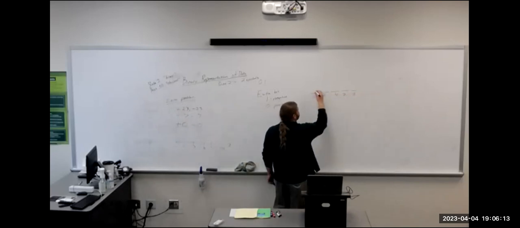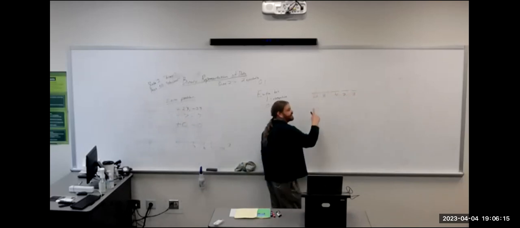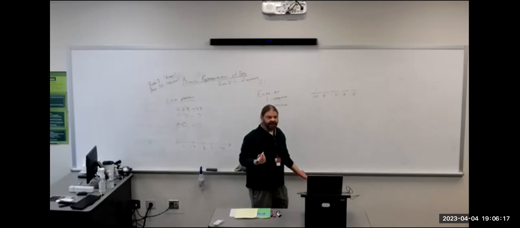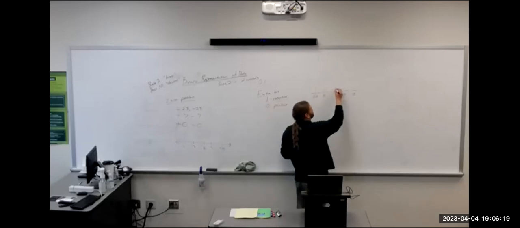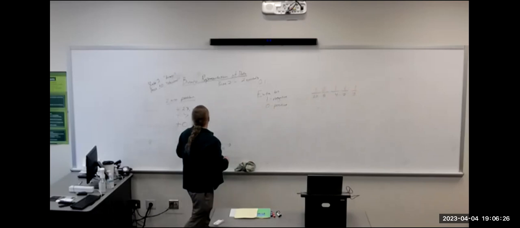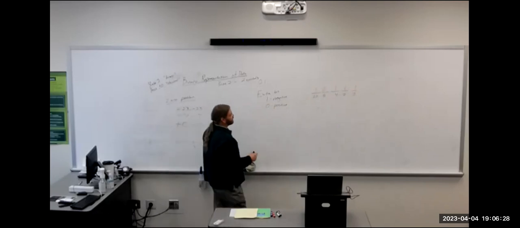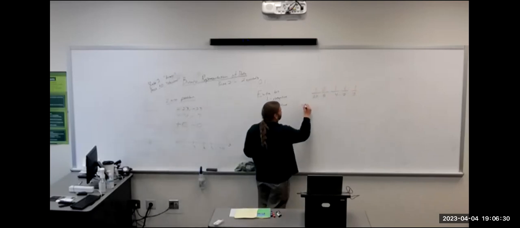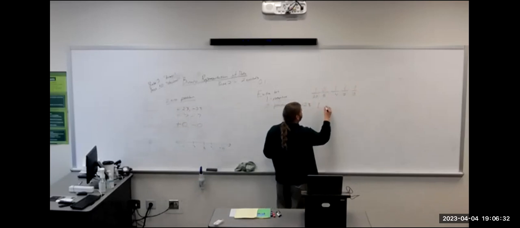So 23, yes, we have a 16. 16 plus 8 would be 24, so that's too big. Nope, none of those, but we do have a 4 to get us 20. So a positive 23 would be 1, 1, 0, 1, 1, 1.